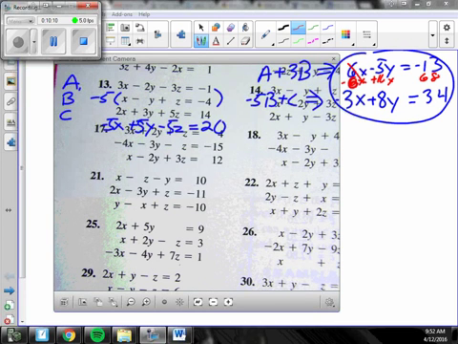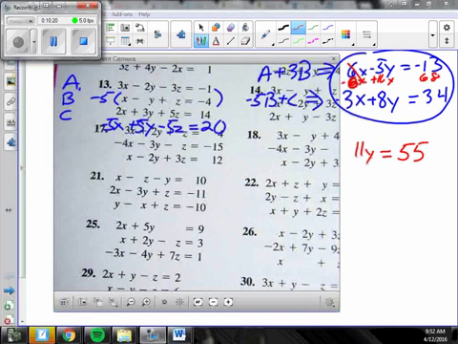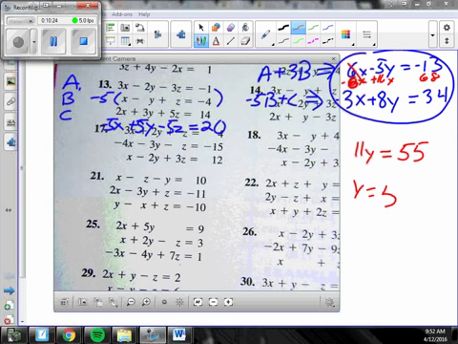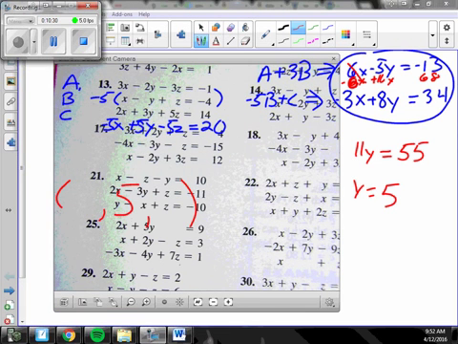So the x's cancel, and I'm left with 11y equals 55. So y is 5. Okay. So what do I do with y equals 5?